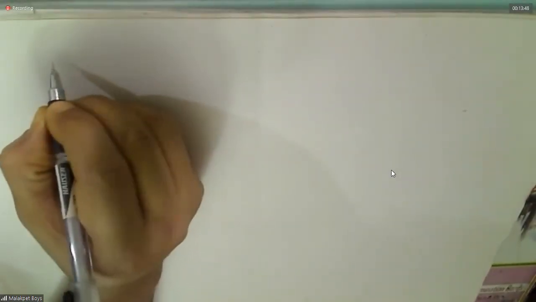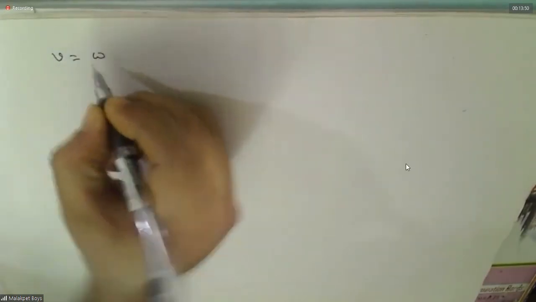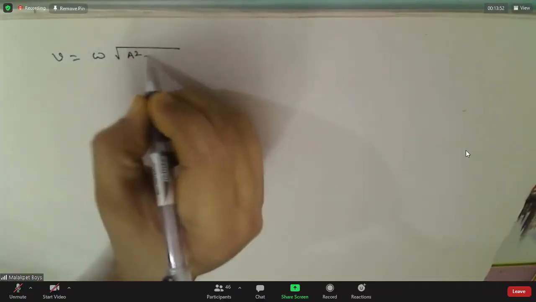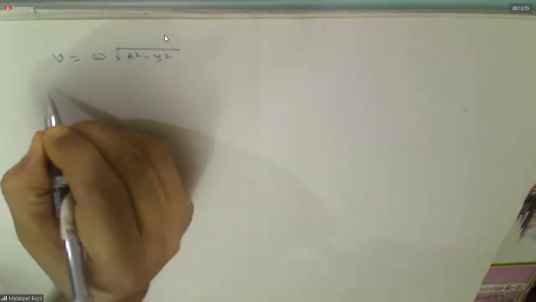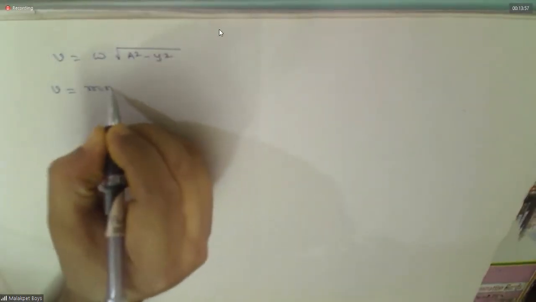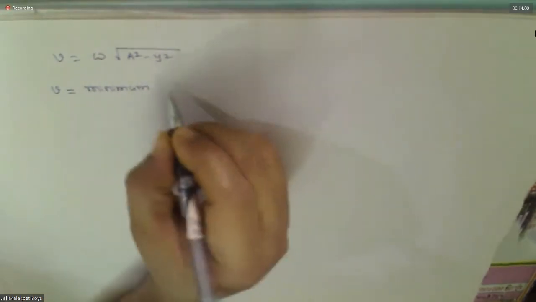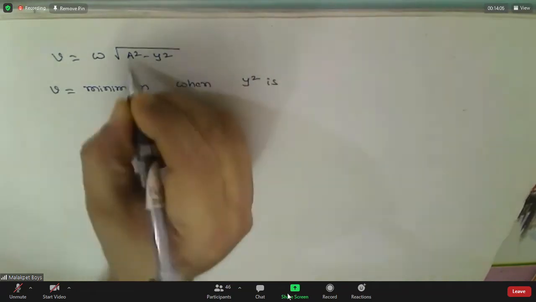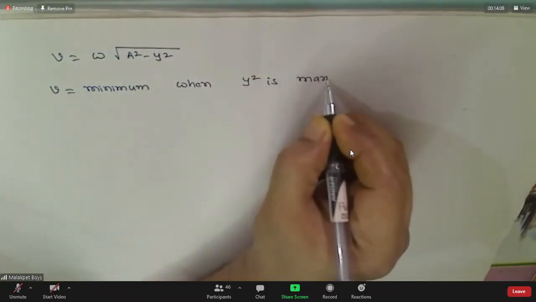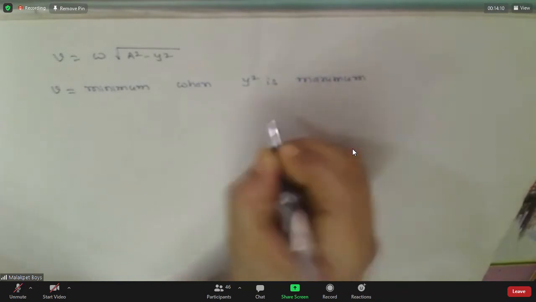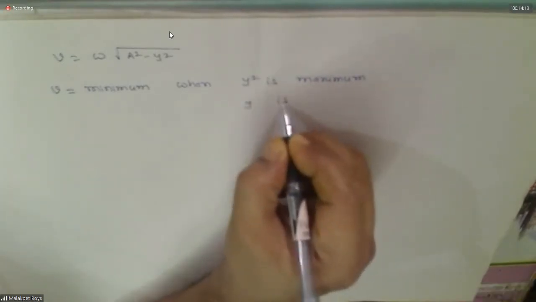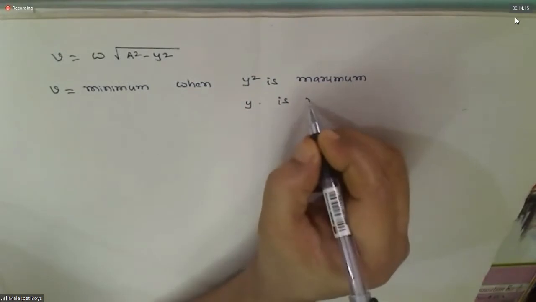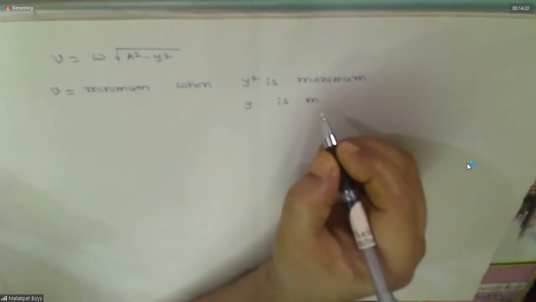So if you look at this, what you got? Now you can see V is minimum when, can you tell, root of a squared minus y squared is zero. a is constant, no? Yes, sir. y squared is maximum. When this is minimum, that should be maximum, no? Yes, sir. Got it.